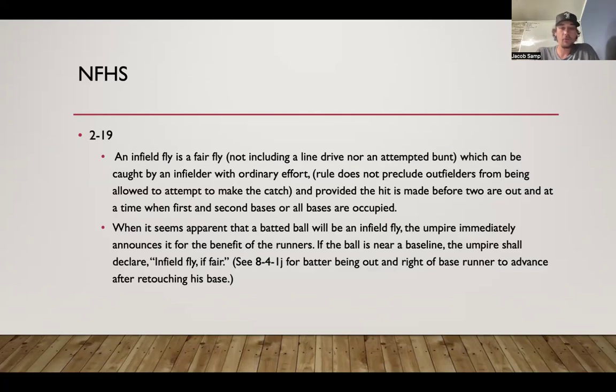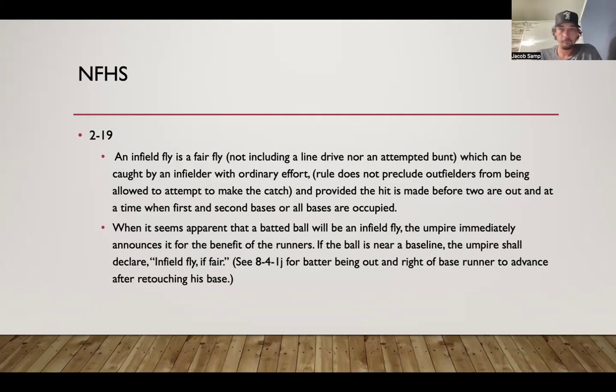I am not going to read this entire text. The basics of it are you either need to have a runner on first and second or the bases loaded. You need to have a fair fly ball that is not a line drive or an attempted bunt that is able to be caught by an infielder with ordinary effort or an outfielder in the infield with ordinary effort.